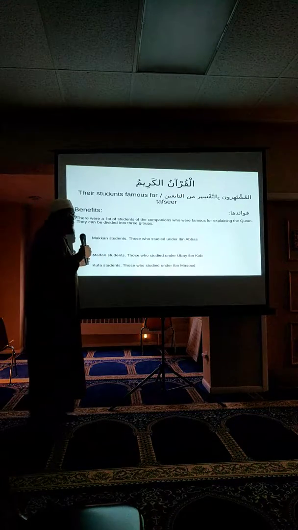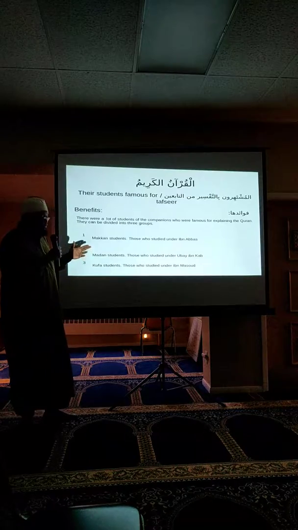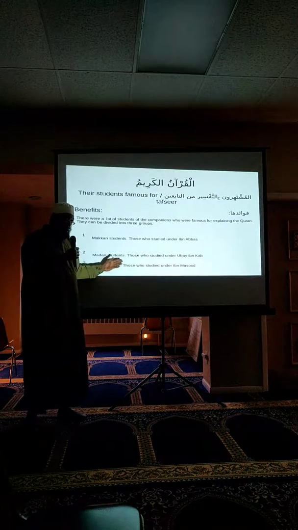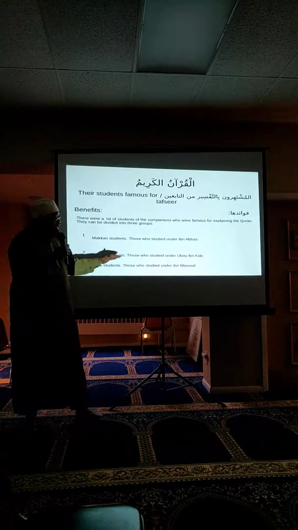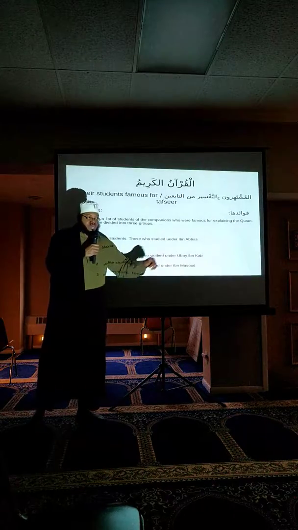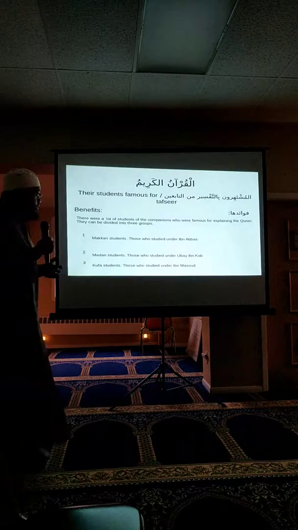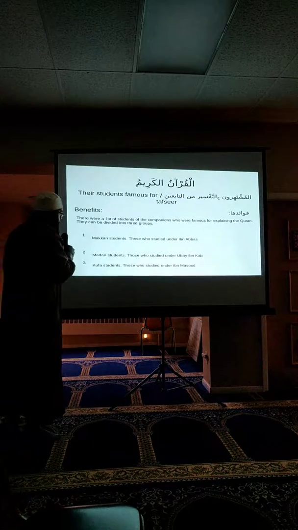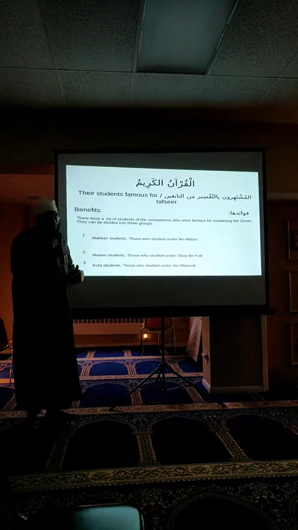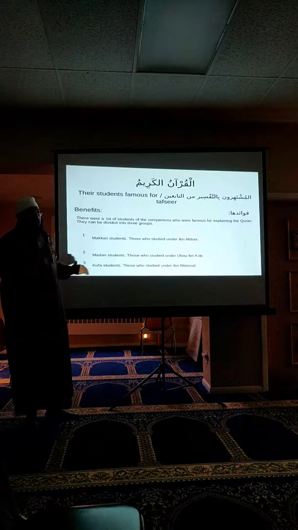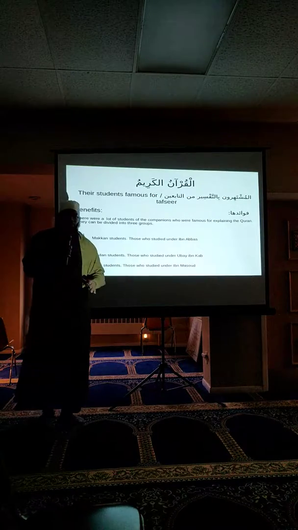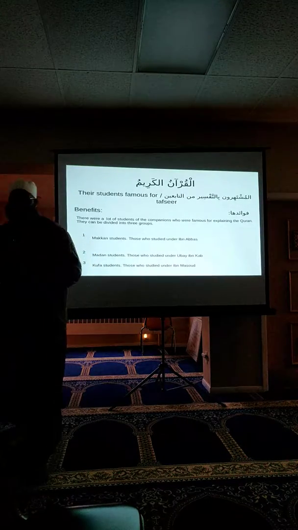The second group are the Medinan students, those who studied in Medina with Ubay ibn Ka'b. And the third are the Kufa students, those who studied with Abdullah ibn Mas'ud.